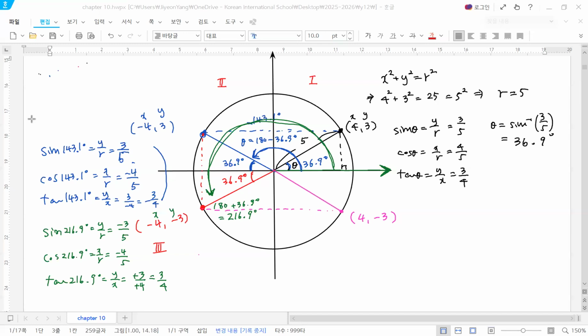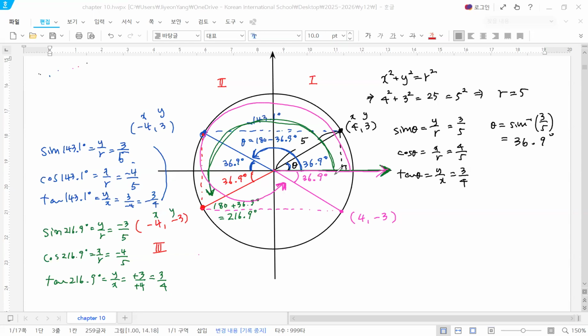So let's find the trigonometric values regarding this pink line. Consider that this angle is 36.9 degrees. Again, the angle should be measured from the right side of the x-axis, directed anti-clockwise.